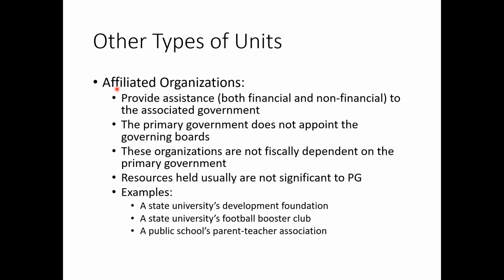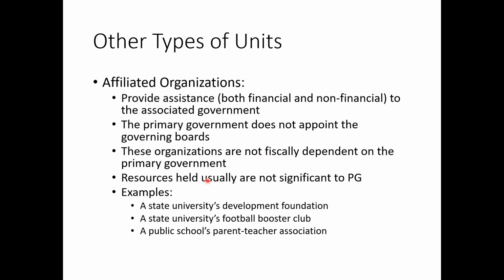The next is the affiliated organization. Affiliated organizations provide assistance, both financial and non-financial, to the associated government. The primary government does not appoint the governing boards of the affiliated organization, and these organizations are not financially dependent on the primary government.